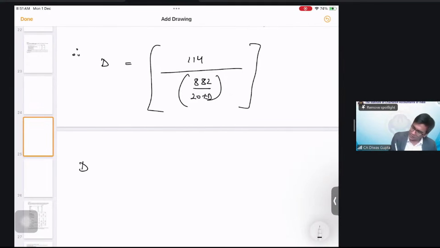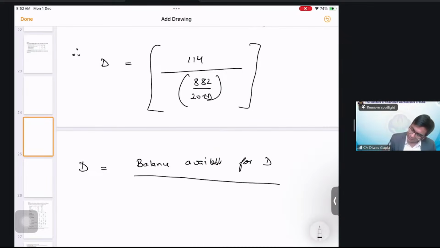So here D is equal to balance available for D divided by MPS post merger. Clear?